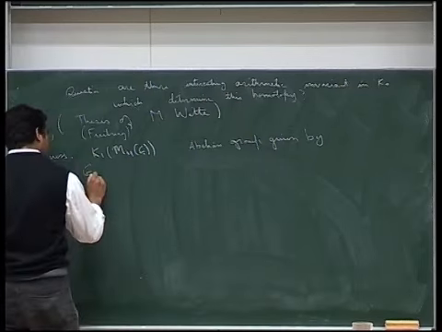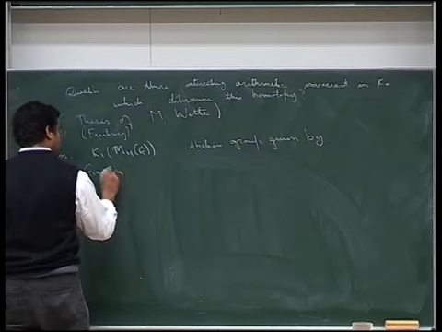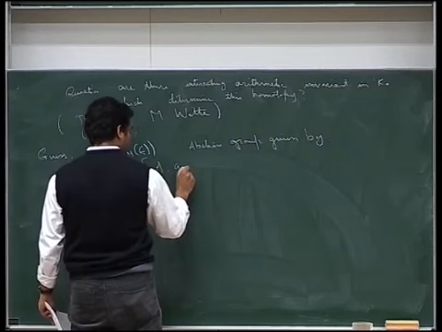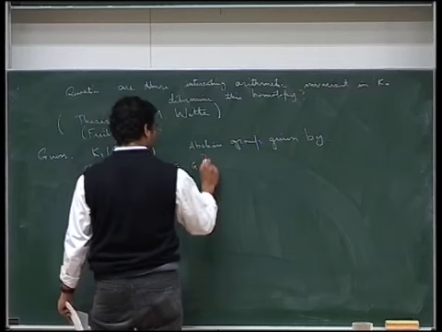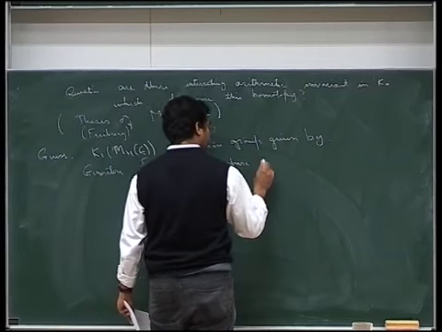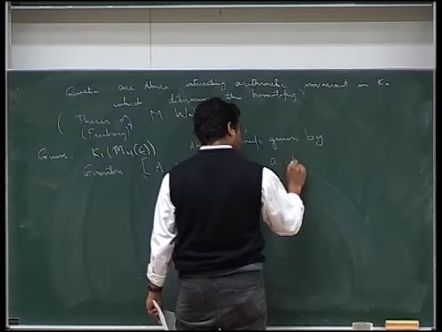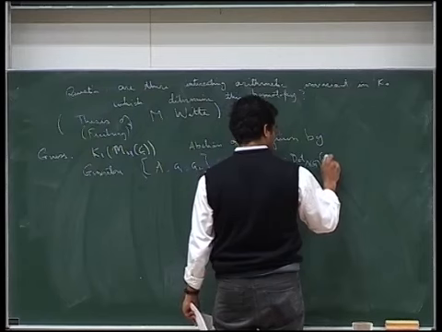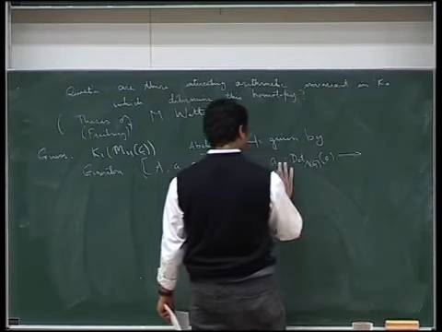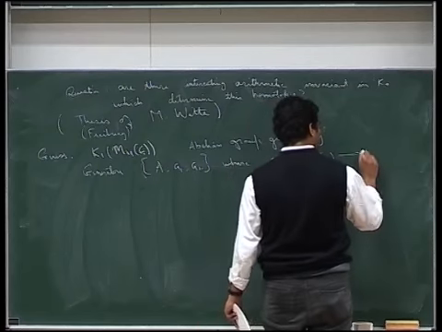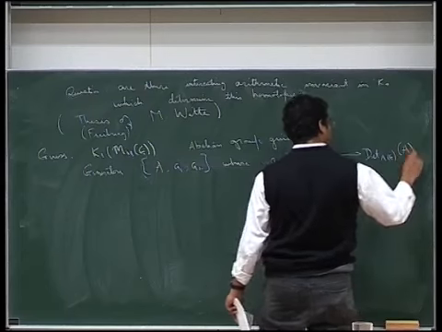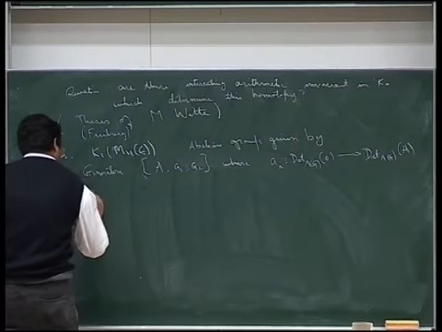So generators are given by triples A, A1, A2, where A1 and A2 are two different isomorphisms from determinant of 0, and then relations.